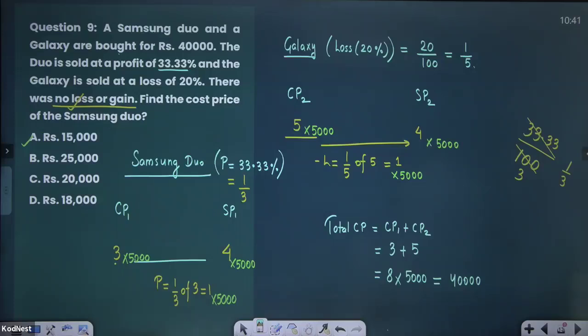Chirag, are you saying for SP1, SP2? Or profit loss? My dear, until profit loss is equal, I will not proceed.